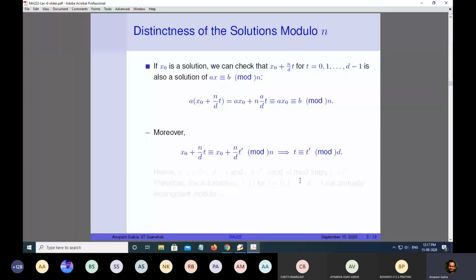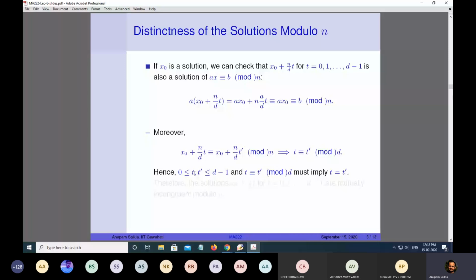However, in our choices, we are taking t from 0 to d minus 1. So if I put t and t dash from 0 to d minus 1, and suppose they are congruent, the only possibility is that they have to be the same, because both of them are lying between 0 and d minus 1.